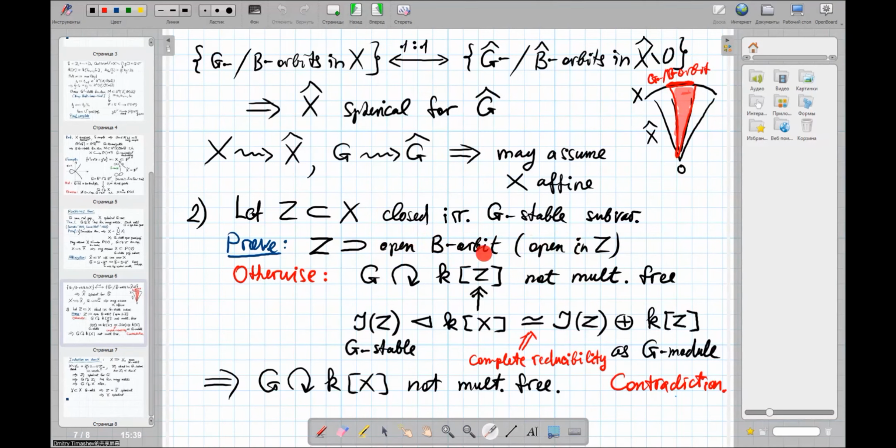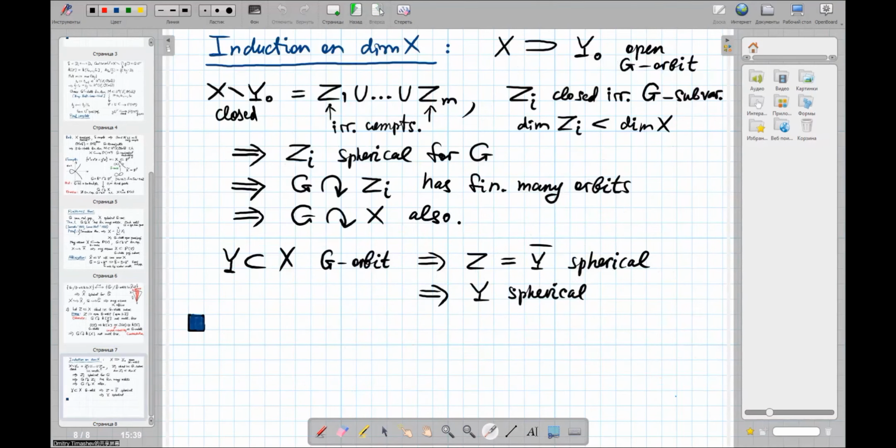It contains an open B orbit. If Z contains an open B orbit, open in Z, then of course the open G orbit in Z, which is Y, also contains this open B orbit. This means that Y itself is also spherical.